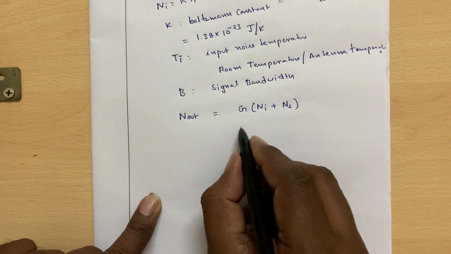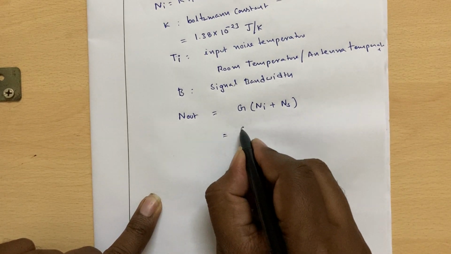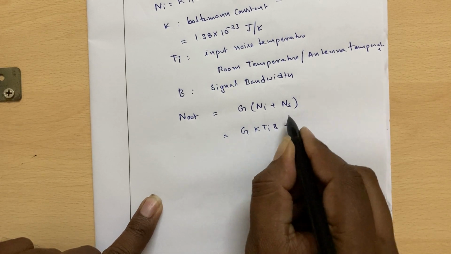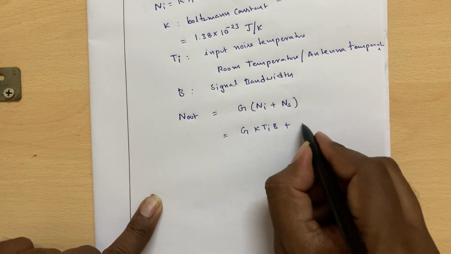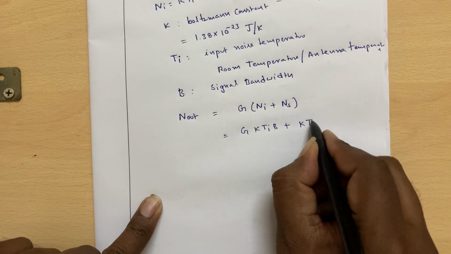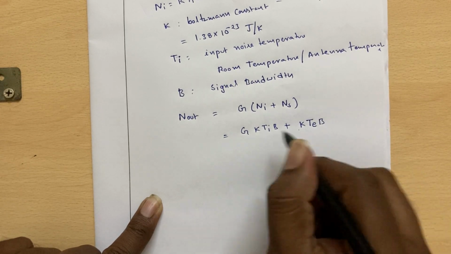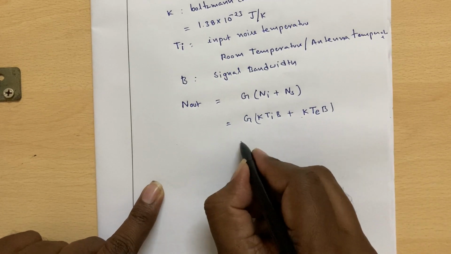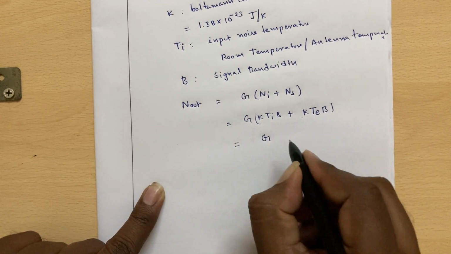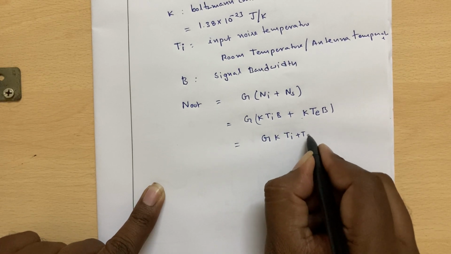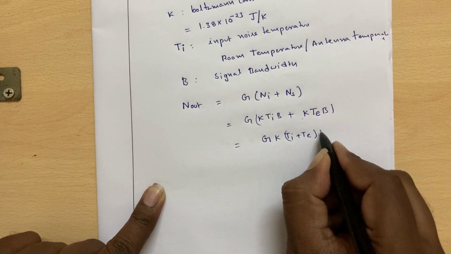We know Ni has the form k Ti into B, and similarly Ns can be written for some temperature Te as k Te into B. Then finally we get G into k into Ti plus Te into B.